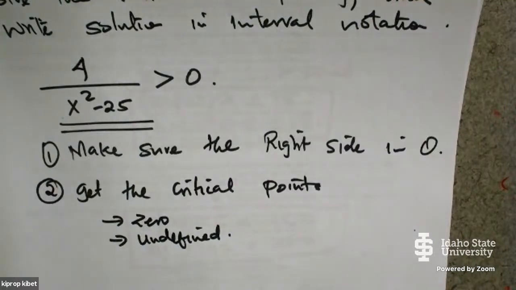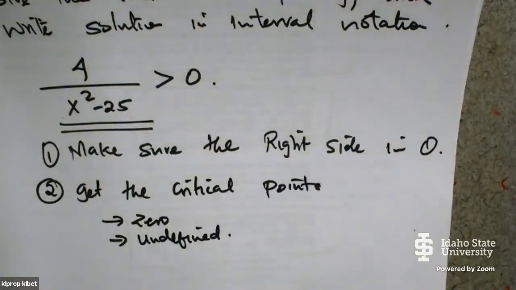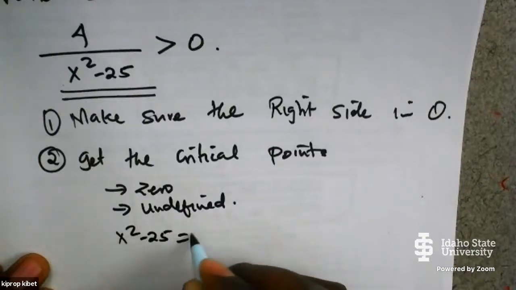Now you look for the values where 4 all over x squared minus 25 is 0 or undefined. Okay? So if you want to make this undefined, then that means we equate the denominator to 0, which is we let x squared minus 25 equal to 0, right?